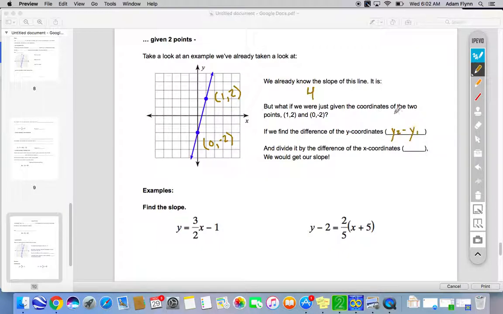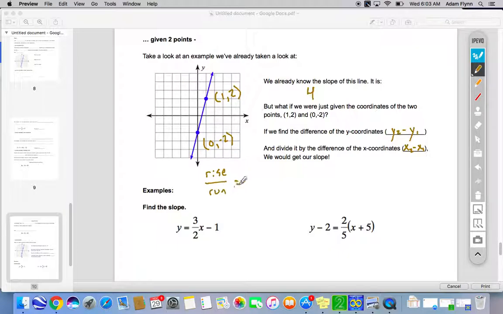If that doesn't make sense to you right now, we'll discuss it in a second. And if we divide it by the difference of our x coordinates, so x2 minus x1, we would get our slope. So we have our rise over our run.